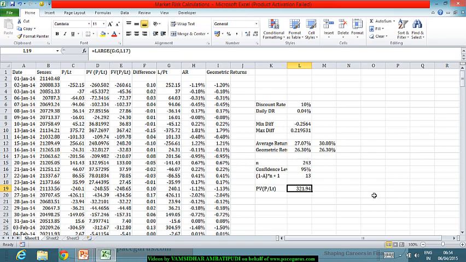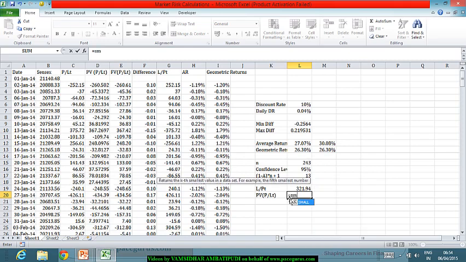I am 95% confident that my loss will not be more than 321.94. So this I am doing on the loss to profit ratio. But if I have to do the same on the present value of the profit to loss ratio, I'll take the opposite, which means I'll take the minimum, not the maximum.